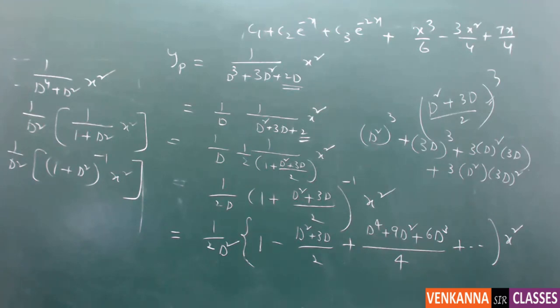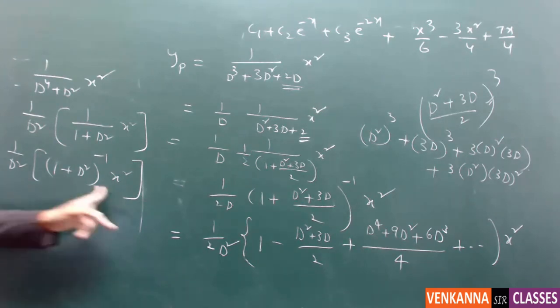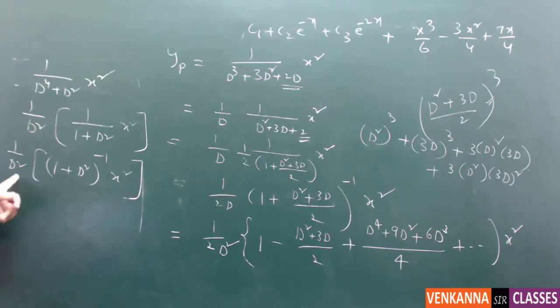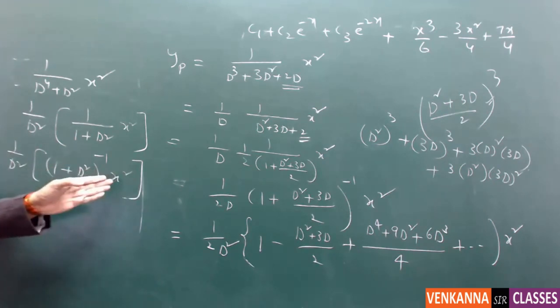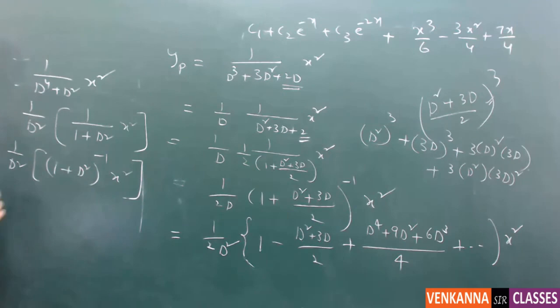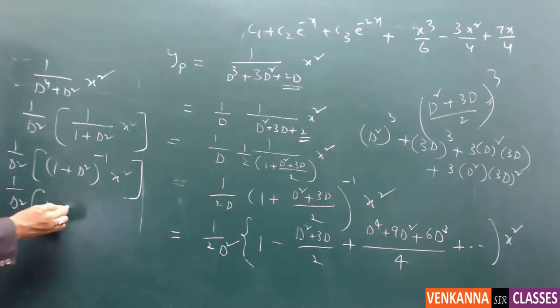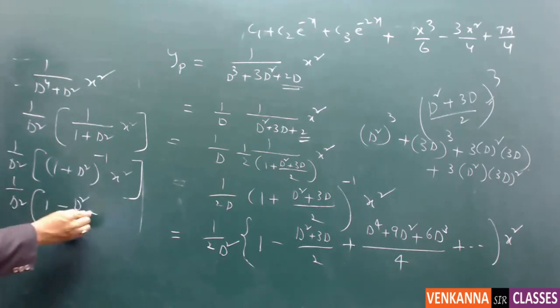So what happens while applying the expansion here? Since d square is present, you are going to calculate one or two more terms in this expansion. So 1 by d square into 1 plus x whole power minus 1, that is 1 minus x plus x square.